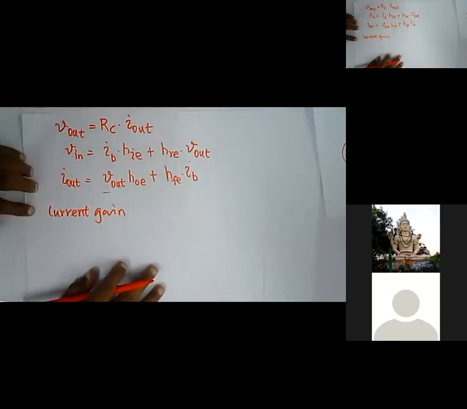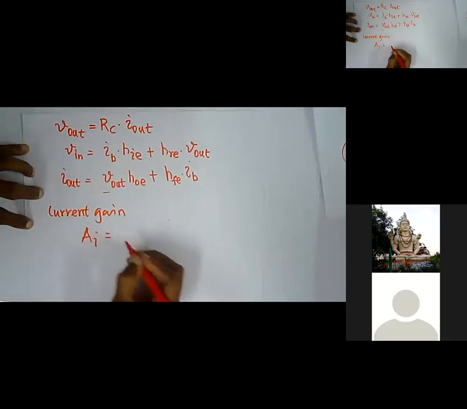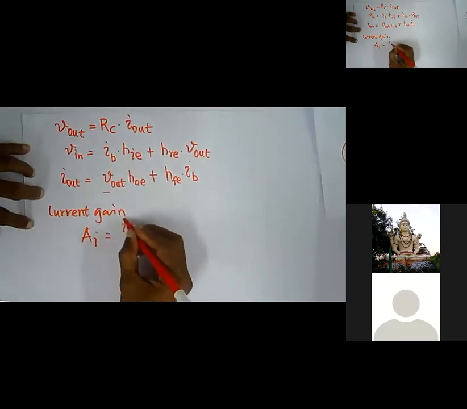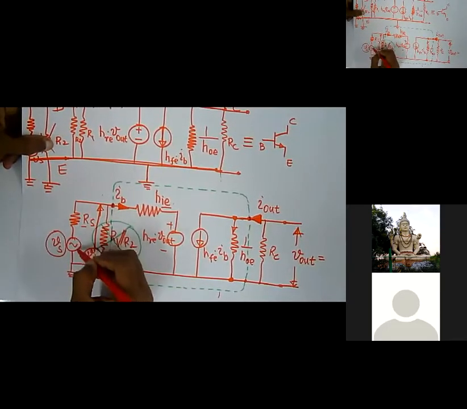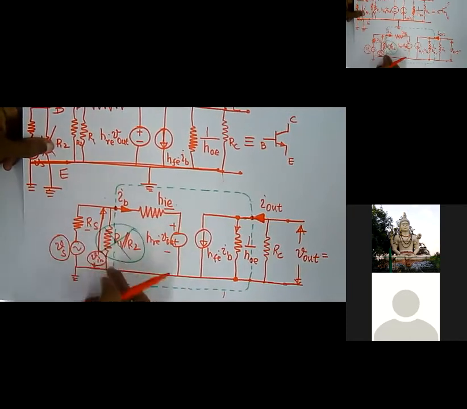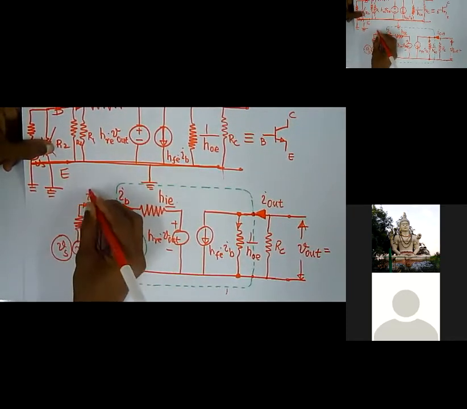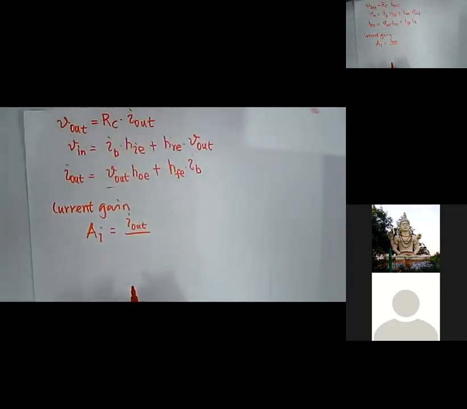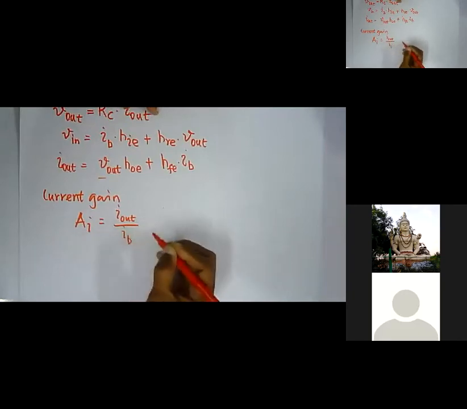My current gain is AI, which is I out divided by my input current IB. The current through the loop is the same; there are no parallel loops. So my current gain will be I out over IB.